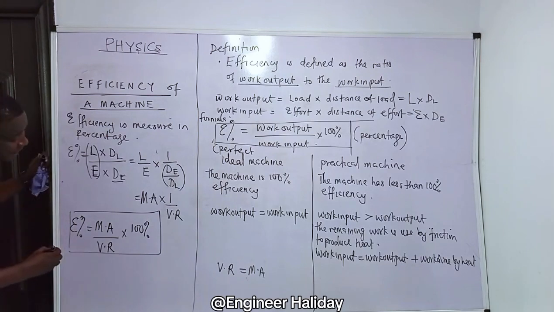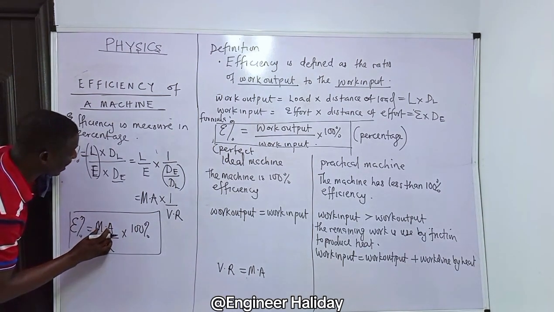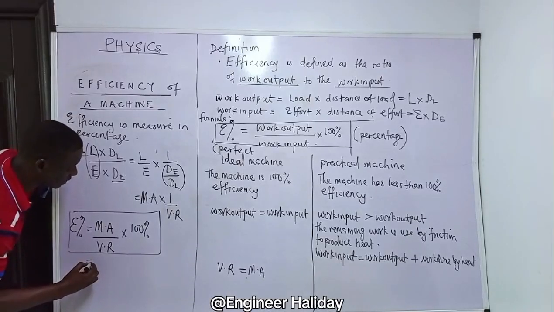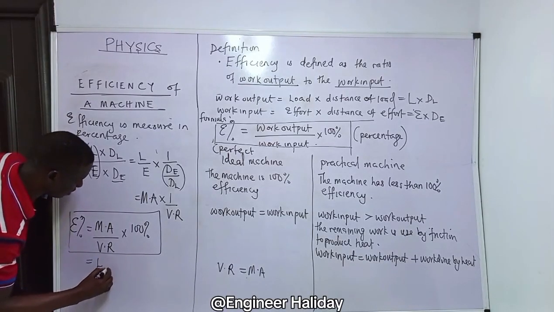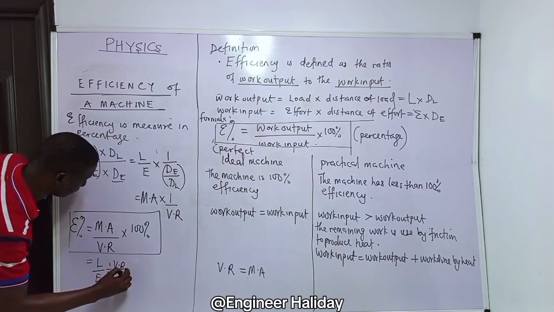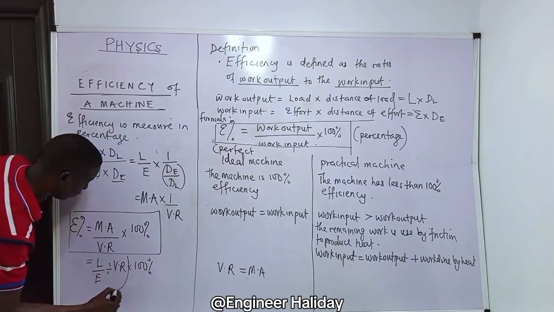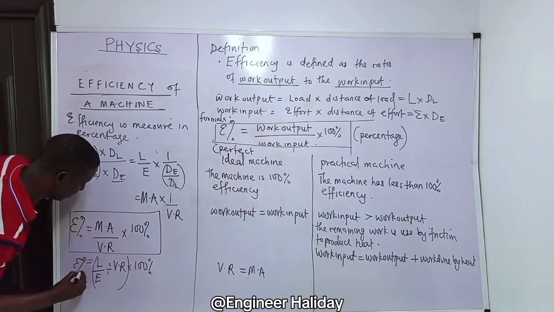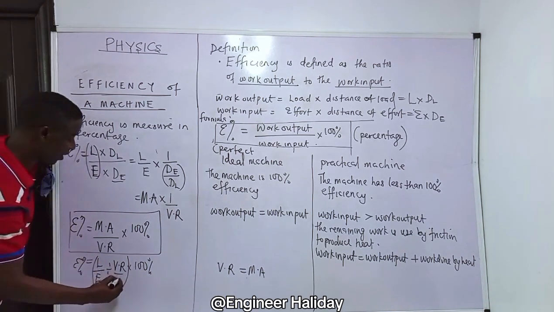Now the last one: don't forget load over effort is mechanical advantage. So load divided by effort, divided by velocity ratio, times 100%, is also equal to efficiency. We can use this to solve problems.